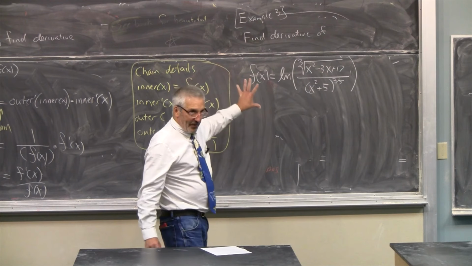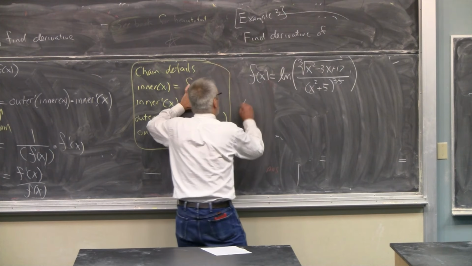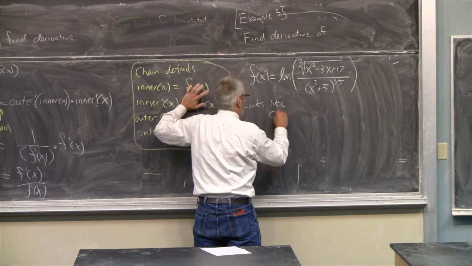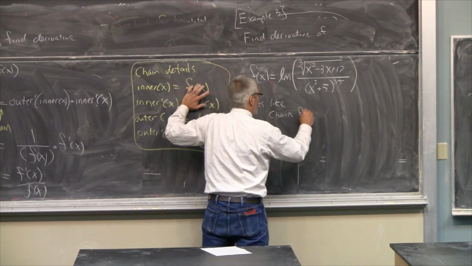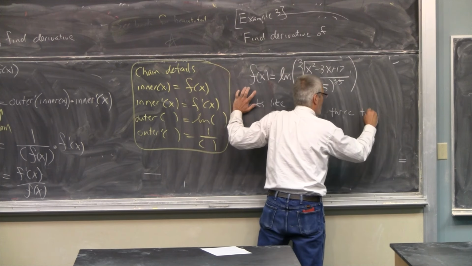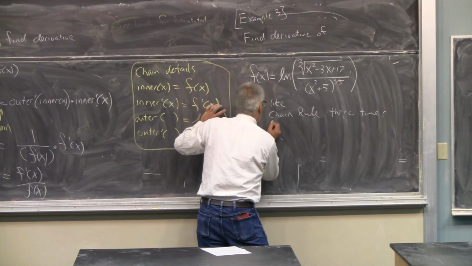So if you look at this, it looks like chain rule 3 times and quotient rule.